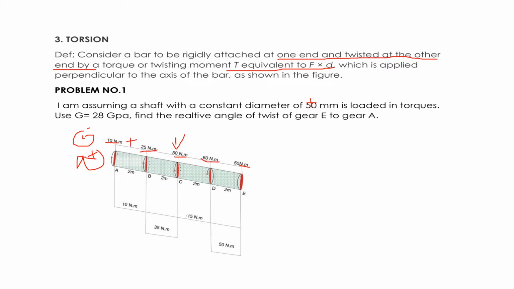So it's 10 plus 25 is 35 Newton meter, and 35 minus 50 is negative 15 Newton meter. Negative 15 Newton meter is in a different direction at section E, so it's 60. So negative 15 Newton meter plus 60 Newton meter is supposed to be 45 Newton meter.